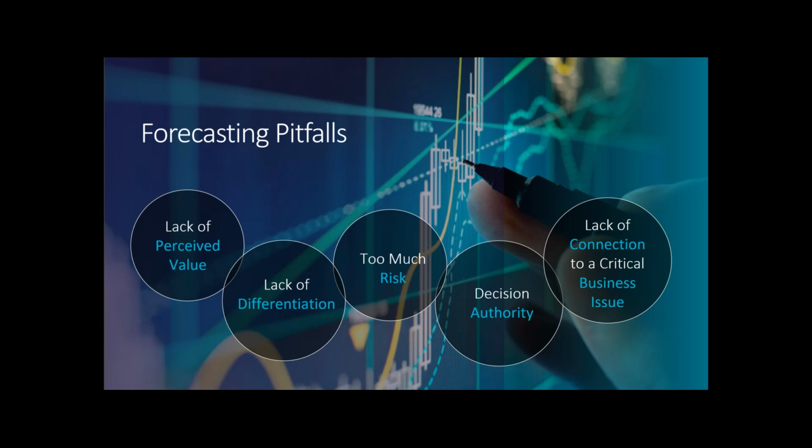The second one is lack of differentiation. Yeah, you're pricey. I don't want to buy the most expensive because I don't see any incremental value or any difference, so I'm going to go with the cheaper alternative because you're not differentiated. The third is risk. It's too risky. Maybe I don't think you can deliver what you said you can deliver. Maybe I don't understand what has to happen to actually get those results.